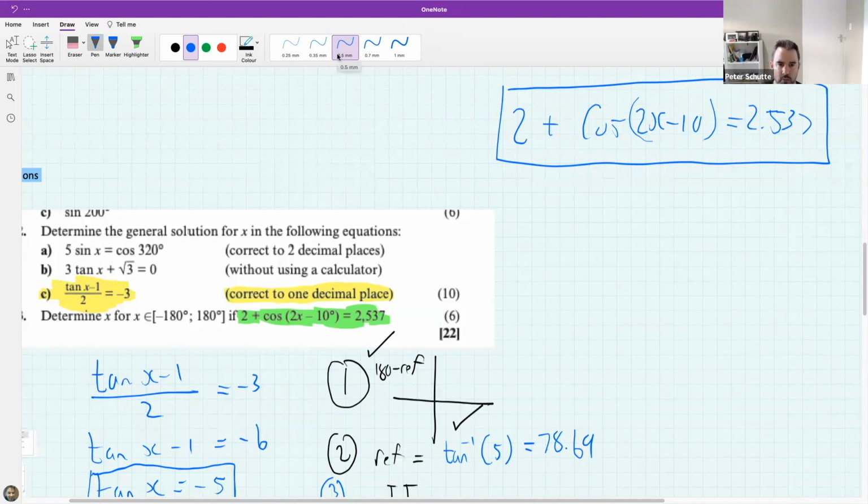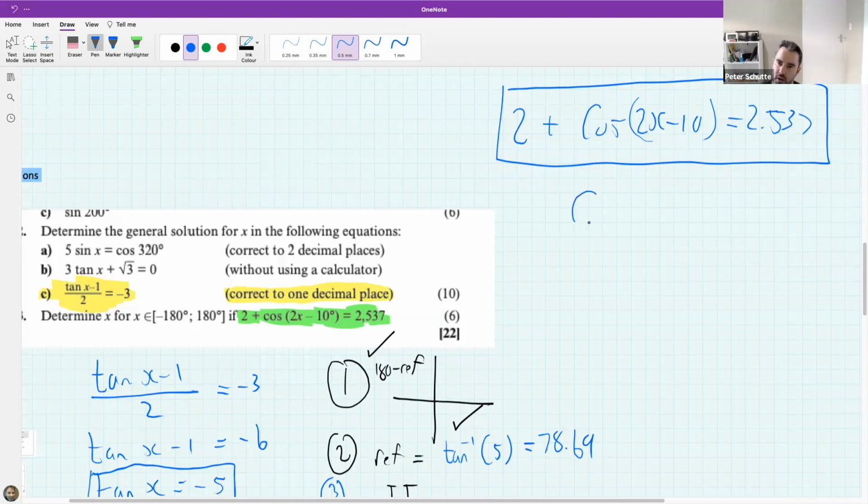So two terms on the left-hand side. Yep. So there's the 2 and this. What do you think we're going to do first to solve this trig equation? What do you think my first step will be? Yeah, so the 2 on the other side, like all equations, you try to get the cos variable term by itself.